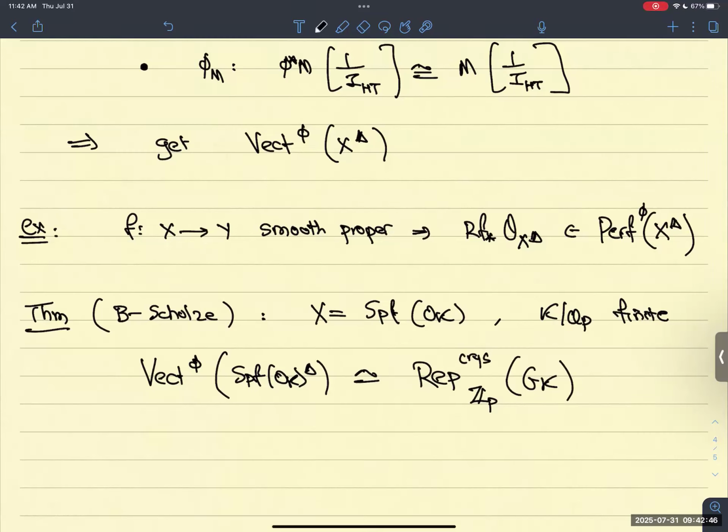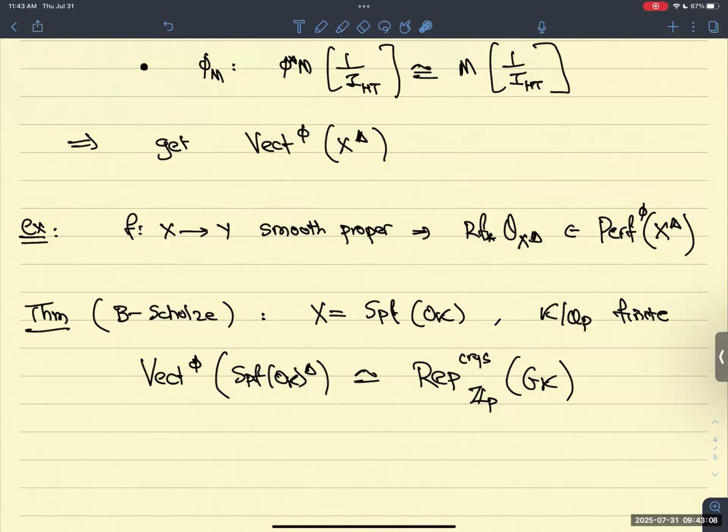So crystallinity was a notion invented by Fontaine using these big rings, and it was trying to capture the structure that the cohomology of a variety over K should have if the variety had good reduction. And if the variety had good reduction, then that variety would extend to a smooth and proper scheme over O_K.